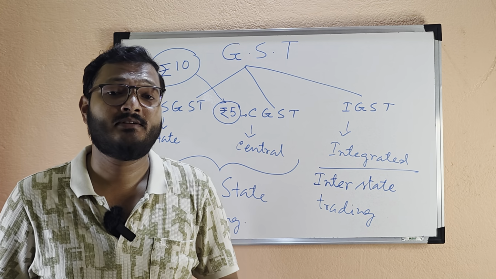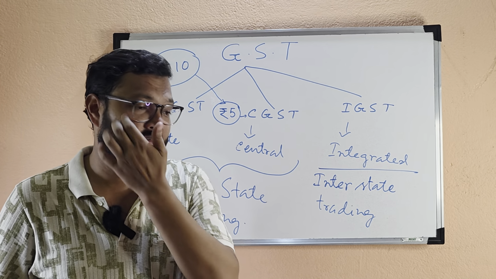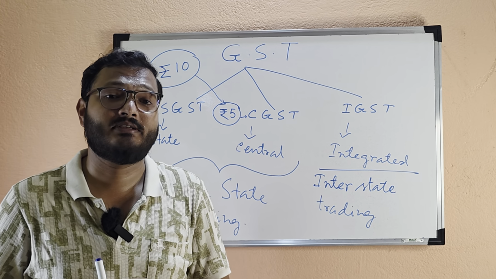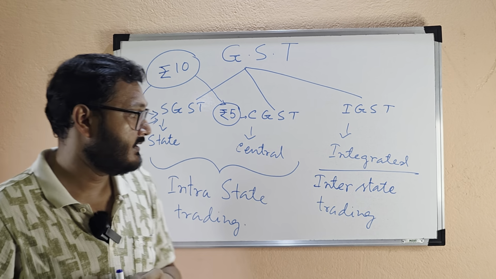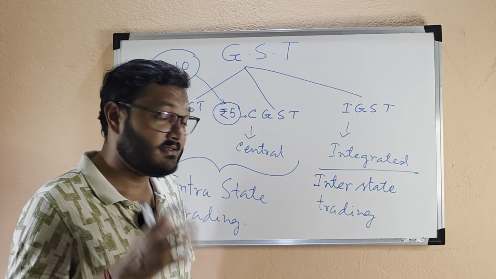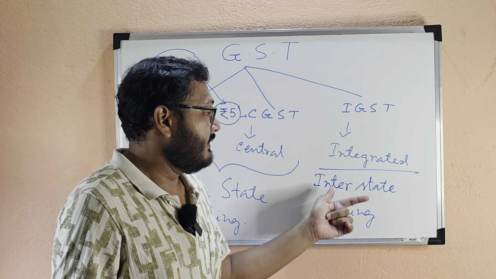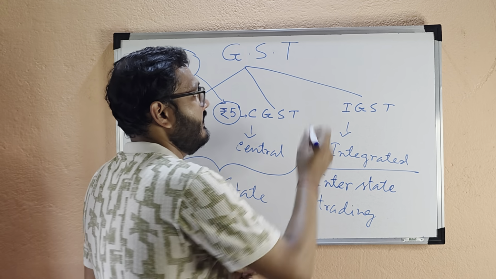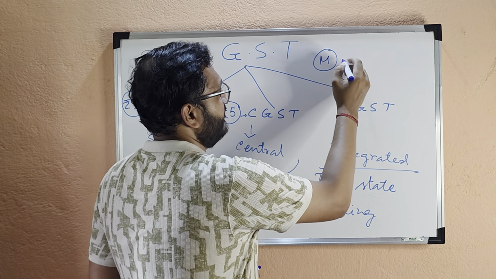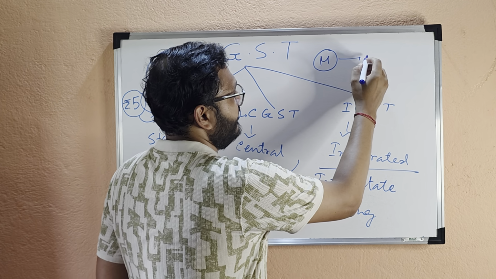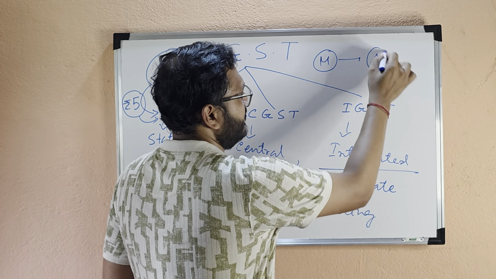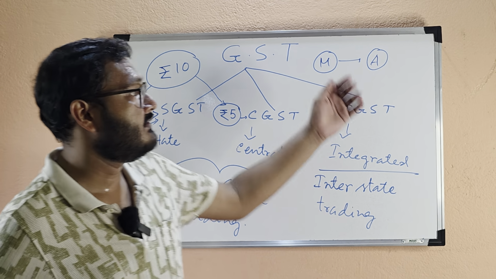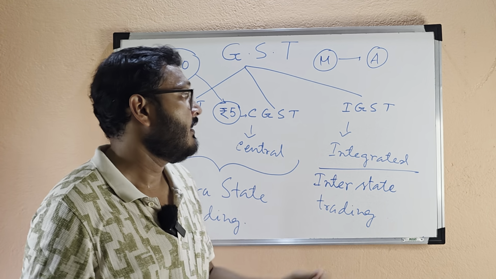But there was a controversy. It's a controversial thing. So what is the controversy? Let somebody purchase something in Mumbai and sell it in Ahmedabad. Mumbai is in the state of Maharashtra and Ahmedabad is in the state of Gujarat.